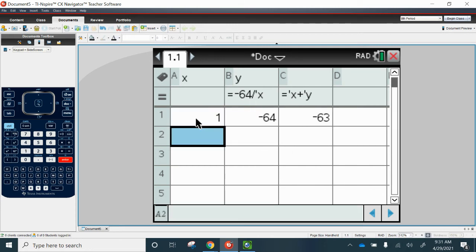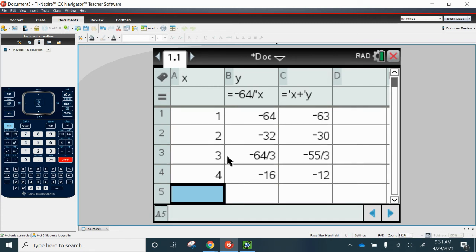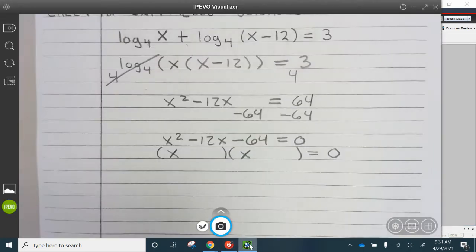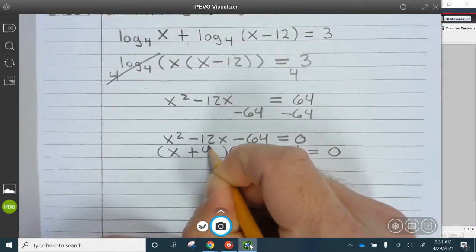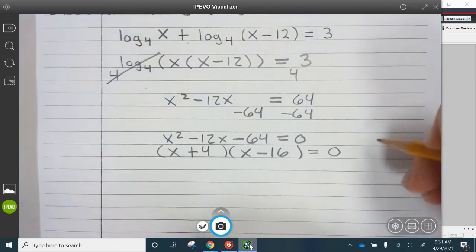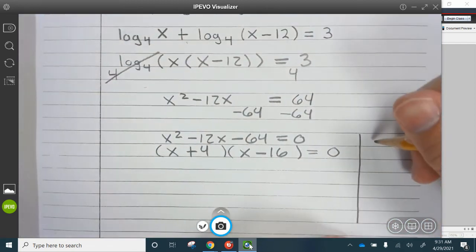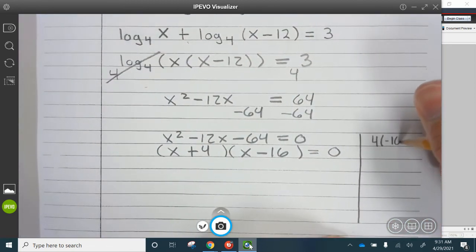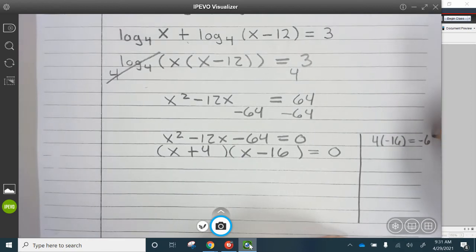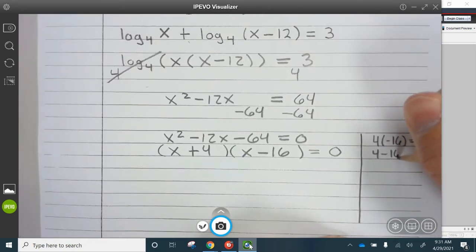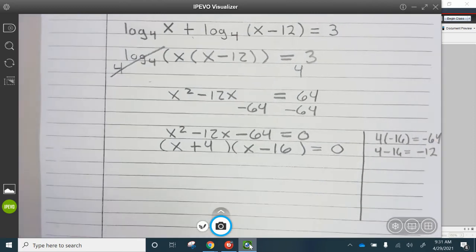Now we do 1. We know these two numbers multiply to give you negative 64, but we're looking for the middle number to be negative 12. So 2, 3, 4, we can stop because we have our negative 12, so our factors are 4 and negative 16. So that's x plus 4, x minus 16. We know that's correct because 4 times negative 16 is negative 64, and 4 minus 16 is negative 12.